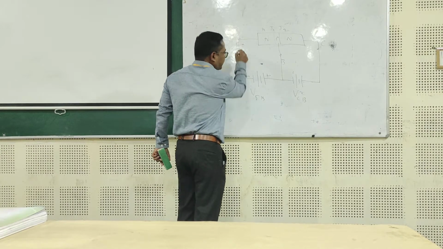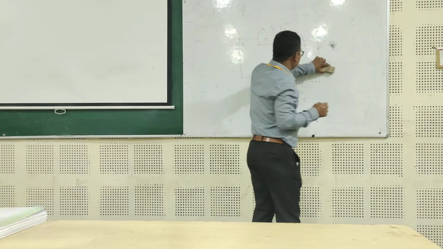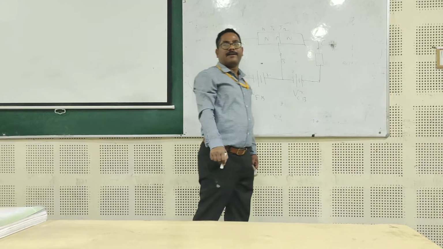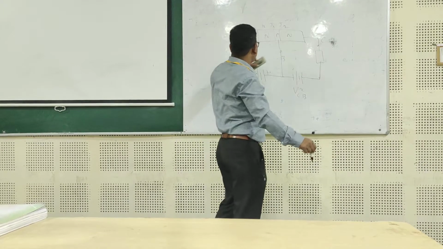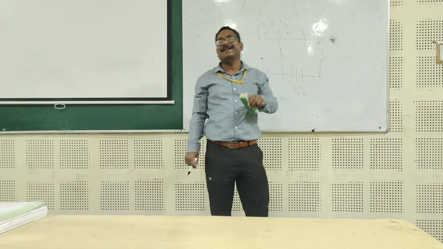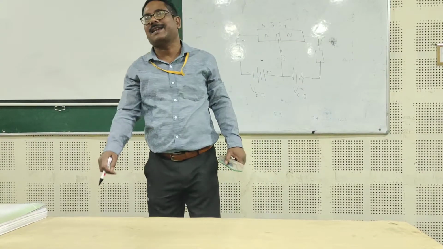We feed the input here, and we take output from here. This is your output, and this is your input signal. So in this way, the transistor will act as an amplifier.